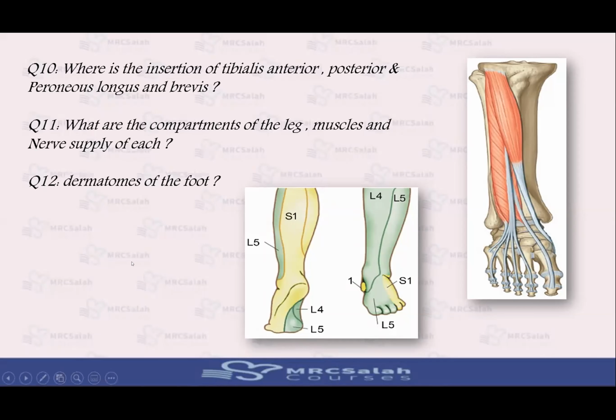Okay, next question. Dr. Rami, can you tell me the dermatomes of the foot? The dorsum of the foot, the medial part is L5, and the lateral aspect is S1. The medial part is which part? Medial of the dorsum is L5.